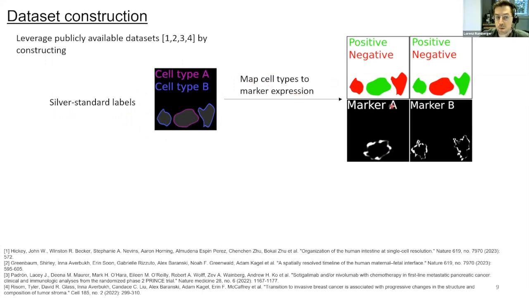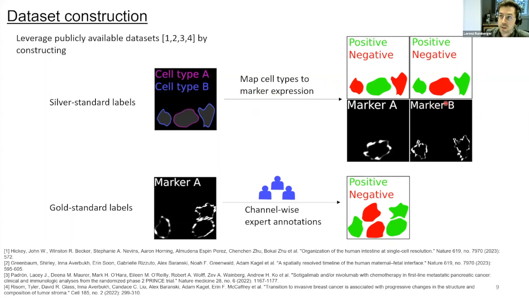So for example, marker A is specific for cell type A. So we could generate a map that says this cell should be positive for this marker, and these other two cells should be negative for this marker. And the same could be done for marker B, where cell type B should be positive for marker B, and cell type A should be negative for this. And this is how we constructed our silver standard labels automatically.